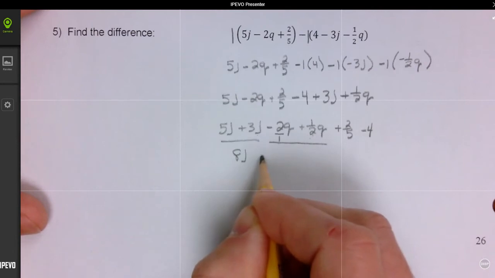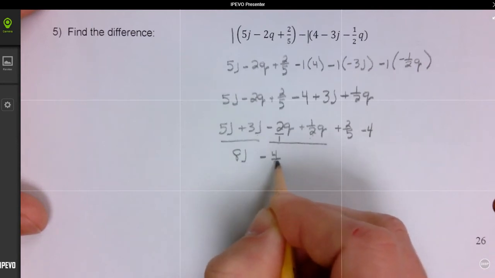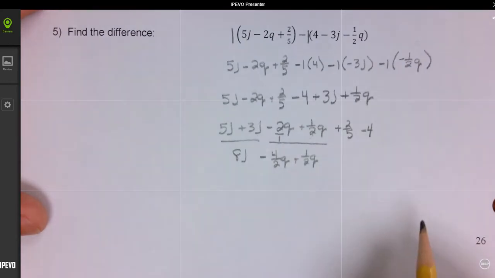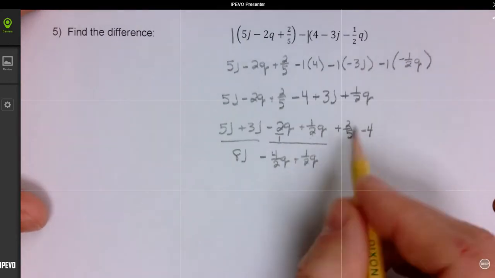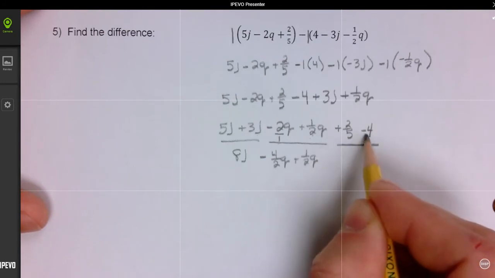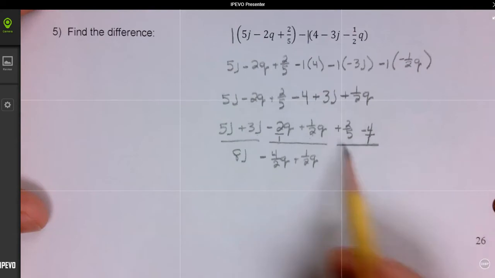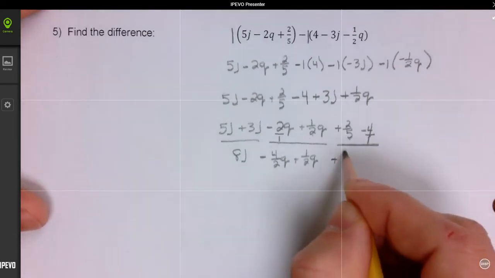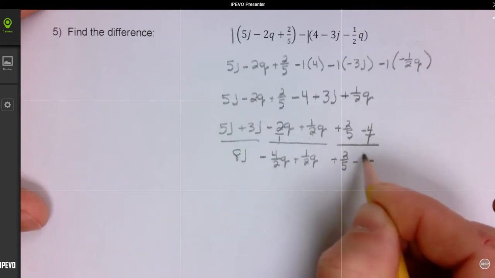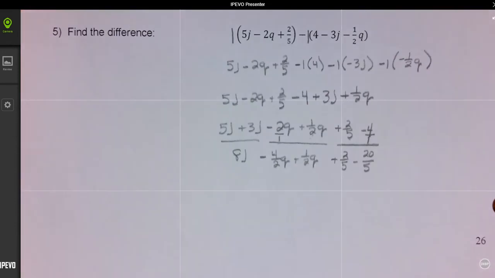So this will be the same as minus 4/2 q plus 1/2 q. And then I might as well do the same thing while I'm over here with my constants. I'm going to make that 4 over 1. So I have fifths and ones. I'm going to use fifths as a common denominator. So that's going to say plus 2/5 minus 20/5.